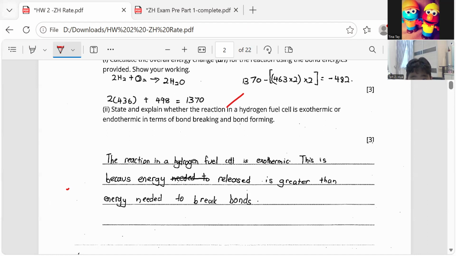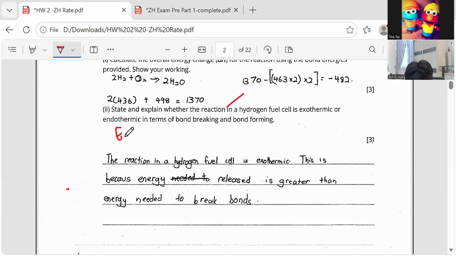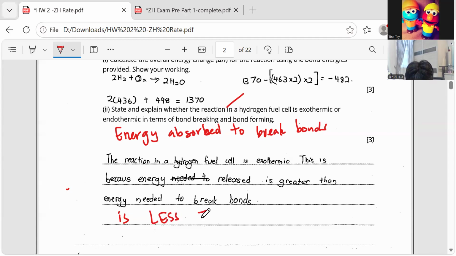Yeah, no. When you want to answer like this, you have to say, because energy absorbed to break bonds is less than energy released to form bonds.